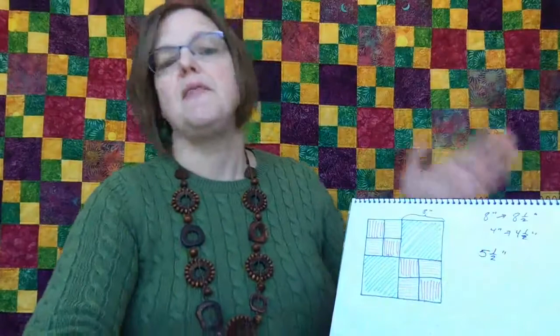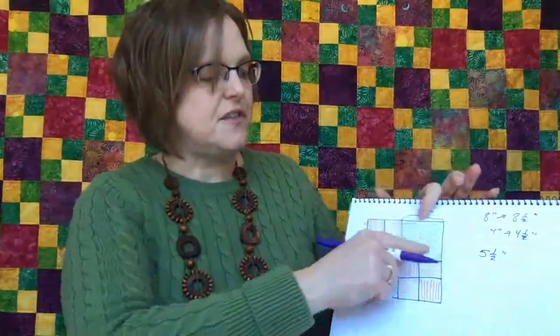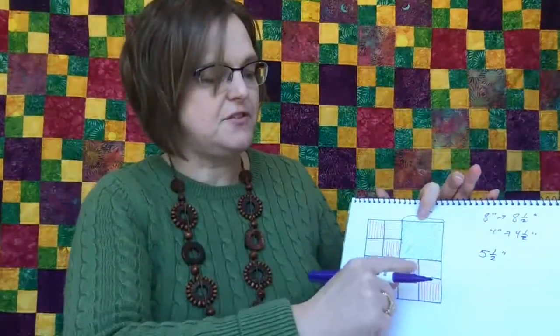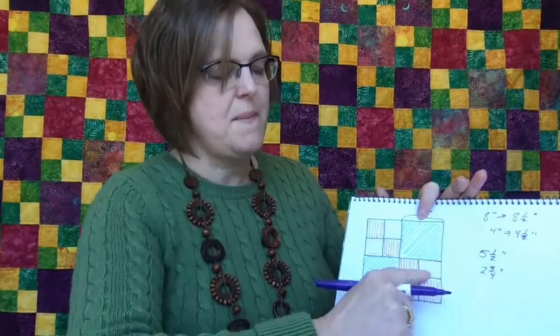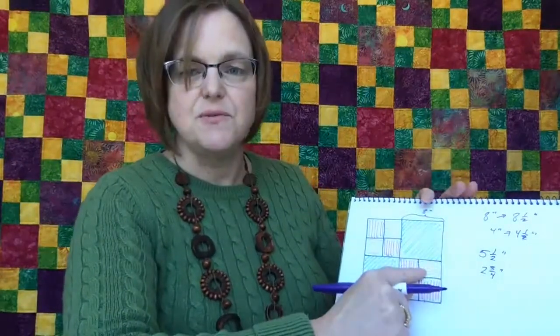Then the 5.5 inches, if this one's 5.5, these little guys here are going to be 2.75 inches. But we can't cut 2.75 inches. We have to add ½ an inch to get the seam allowance. So we will cut them at 3.25 inches.